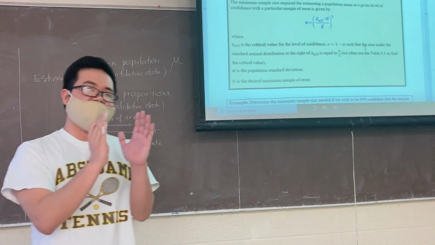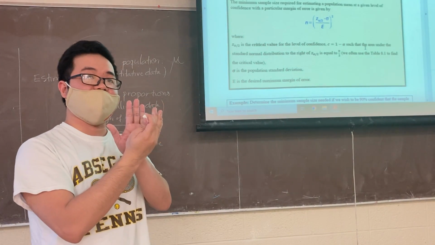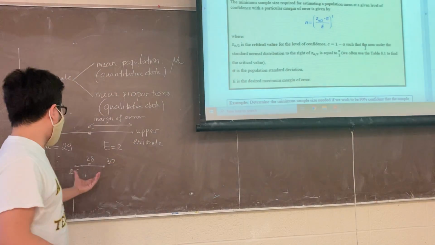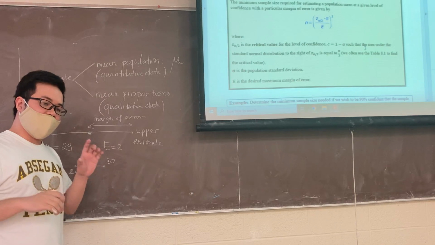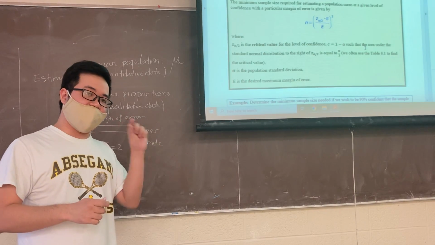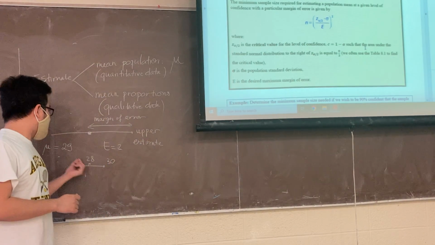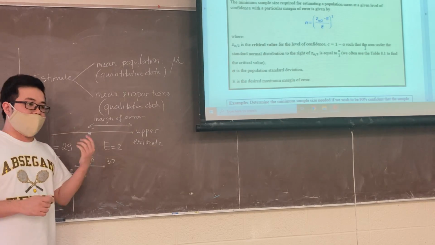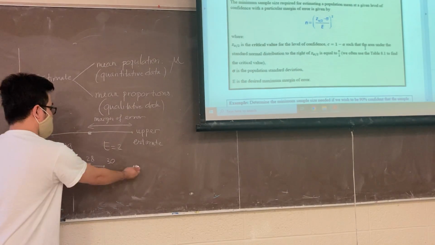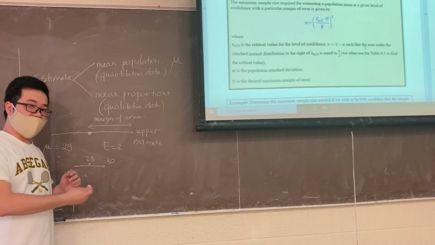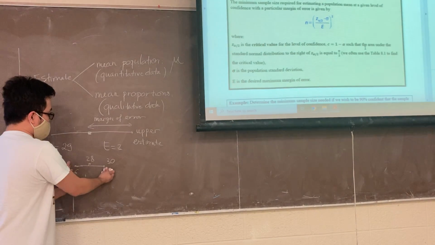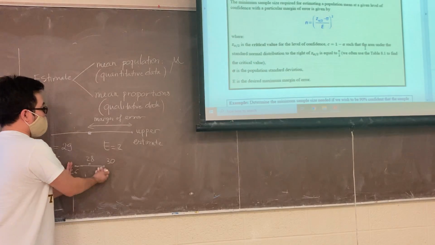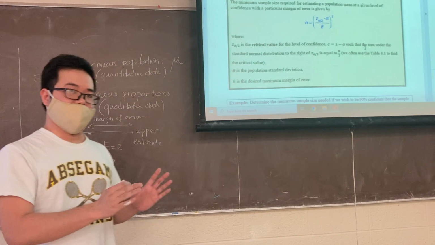So you see this interval is smaller, right? When the interval is smaller, you can guess the population mean better than if you have a large interval. Because when you have a large interval, you have a lot of values here. When you have a small interval, you have fewer values, right?